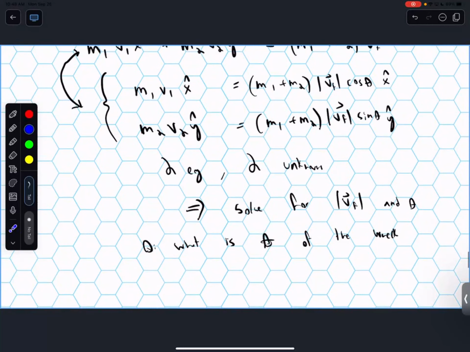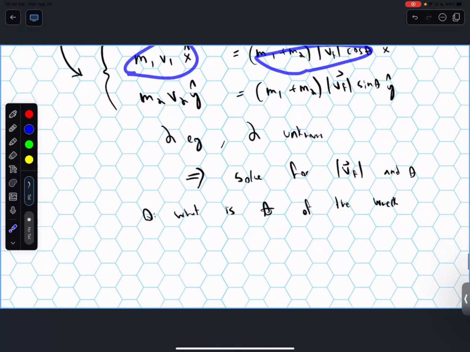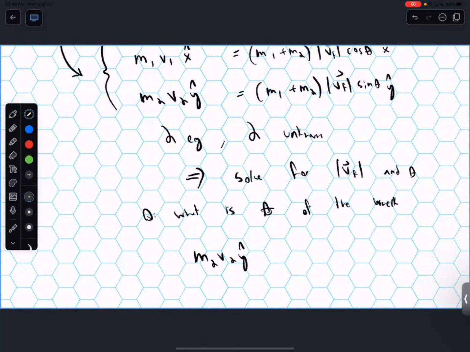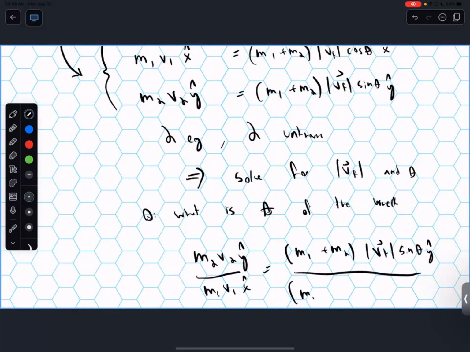I can actually do this algebra quickly if I basically divide these equations by each other. If I take this equation and divide it by this equation, I should get m2 v2 y hat over m1 v1 x hat equals m1 plus m2 vf sine theta y hat over m1 plus m2 vf cosine theta x hat.